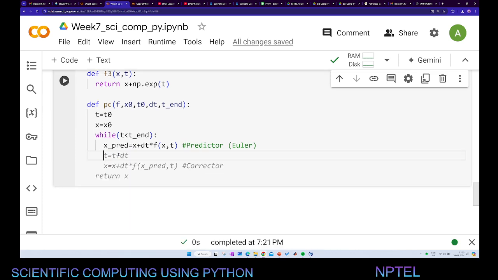Okay. So the first step was predict. We predicted x according to the Euler rule, and now we correct ourselves.